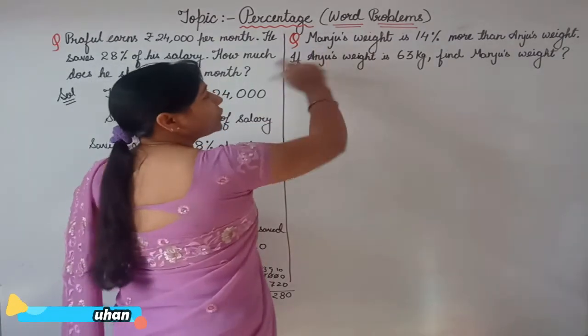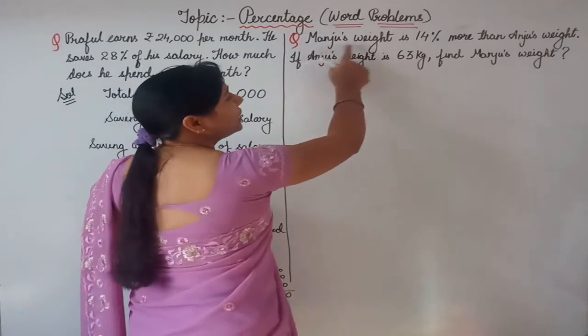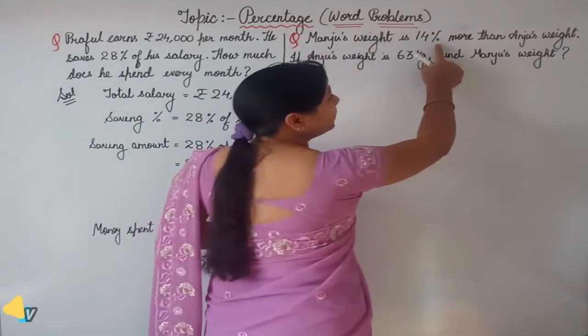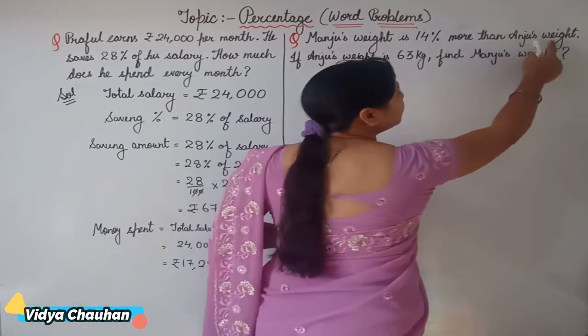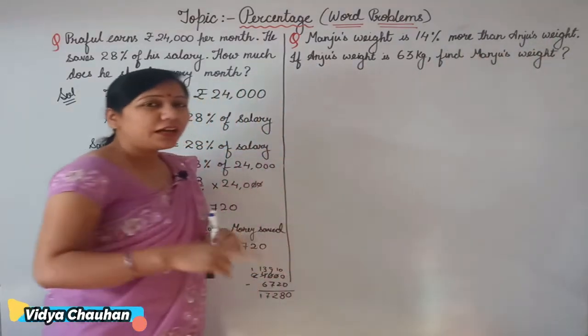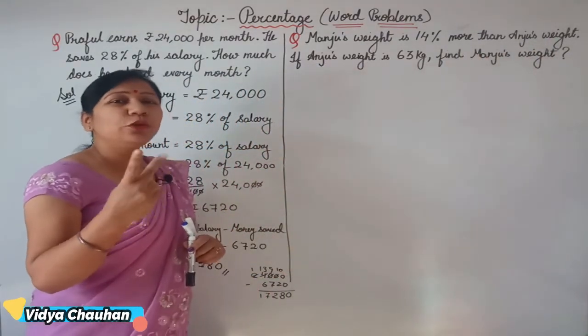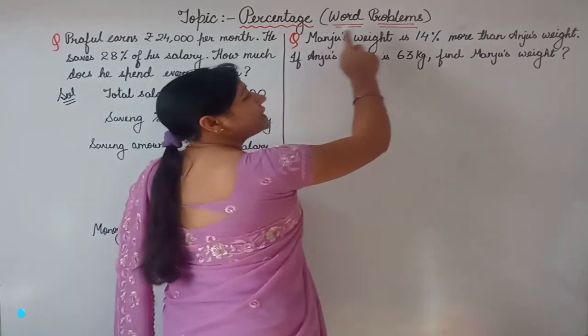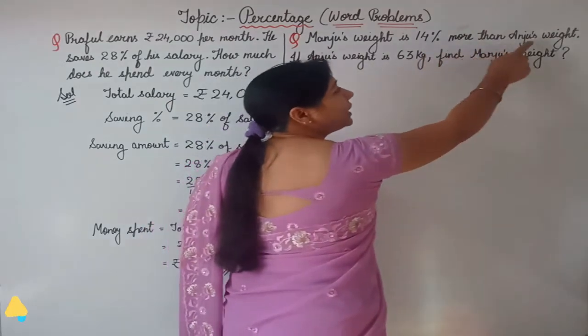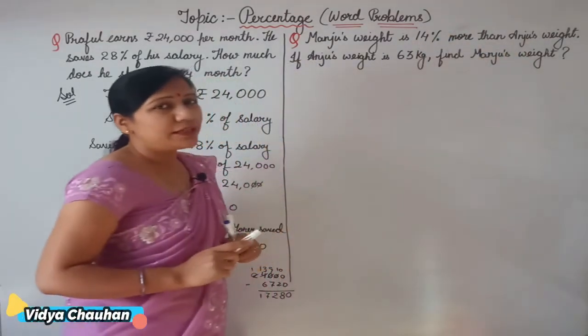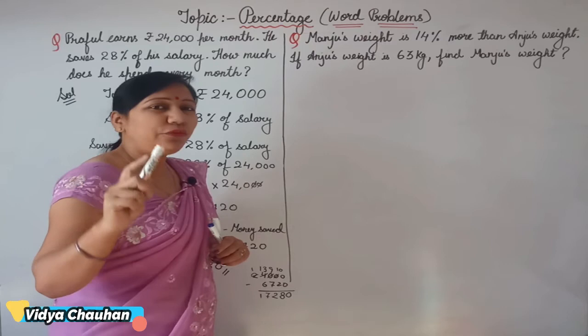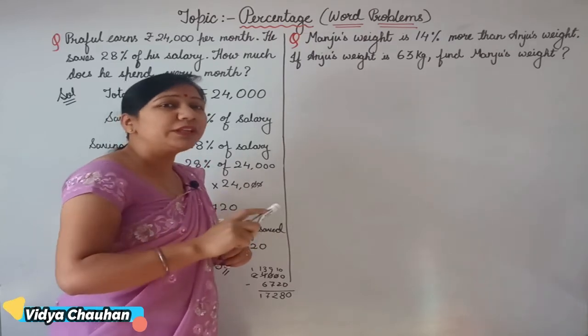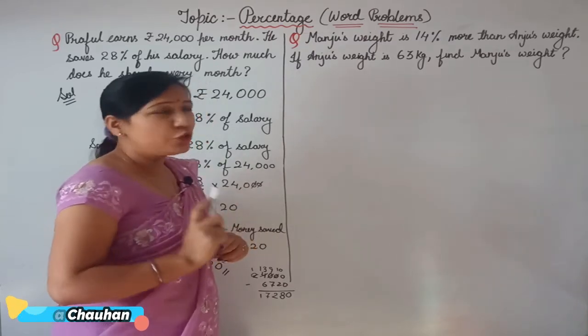Now our next question, the second question says, Manju's weight is 14% more than Anju's weight. So there are two ladies, Manju and Anju, and Manju is having a weight which is 14% more than the weight of Anju.